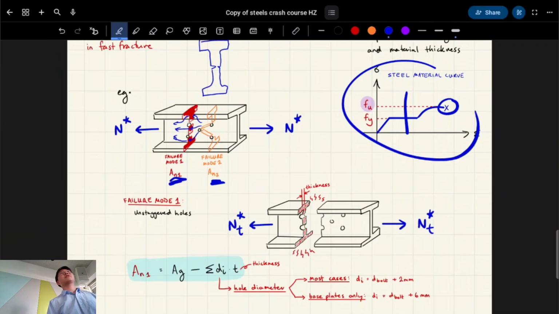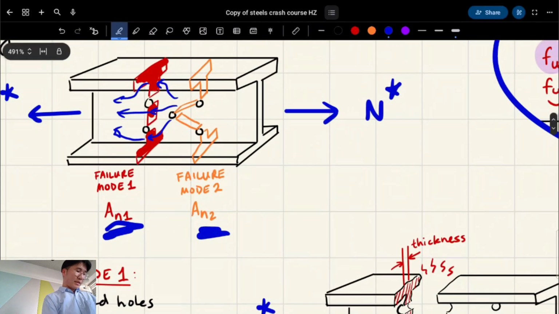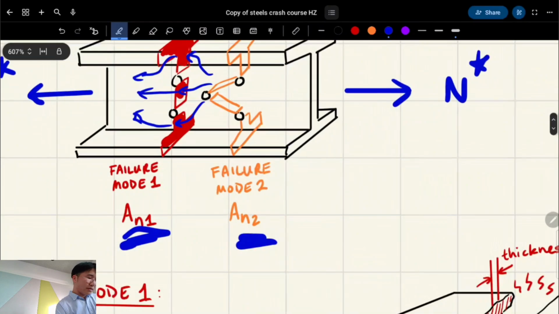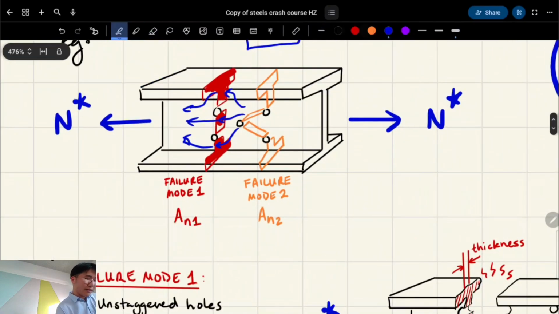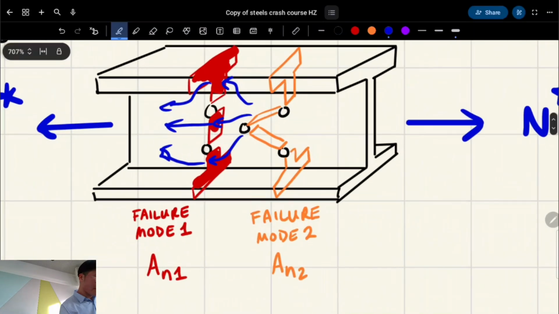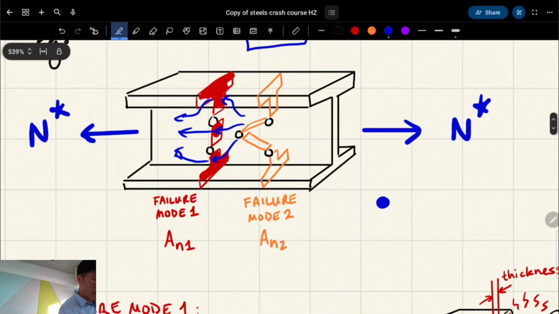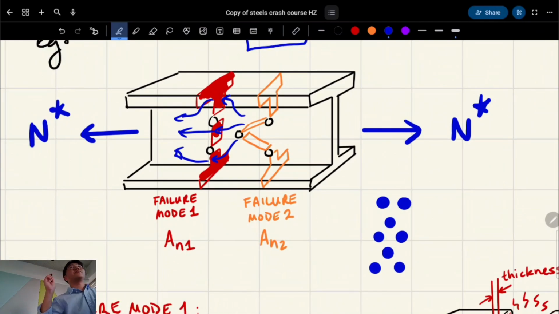Can you provide an example when A2 would be smaller than A1? Oh, you're talking about when A2 would be smaller? Yeah. I would say if the holes are quite big and the fracture path isn't very big, do you know what I mean?